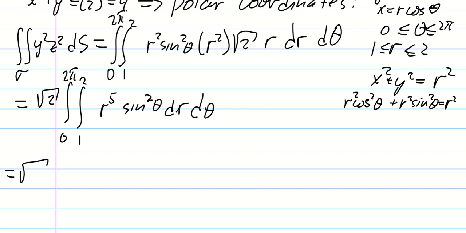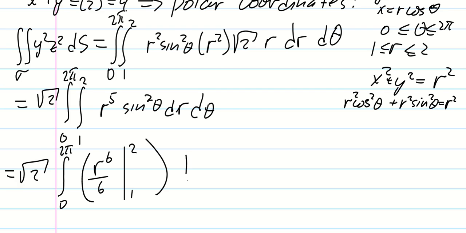So continue on, square root of 2, integral from 0 to pi, then antiderivative of r to the 5 is r to the 6 over 6, evaluated from 1 to 2, and we have d theta left. Forgot the sine. We have sine squared of theta d theta.